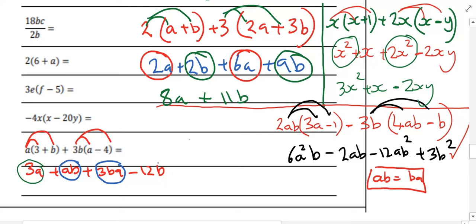I'm going to put a triangle over that. Okay, so there are no other A's, so we just have 3A. We can simplify this. We've got 1AB plus 3 ABs, so that is 4 ABs, and then we've got a lonely negative 12B on the end.